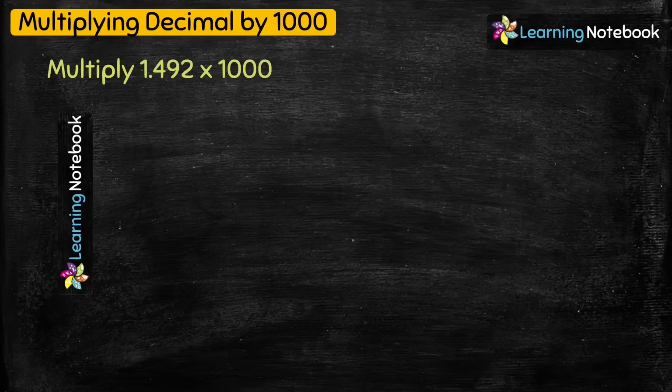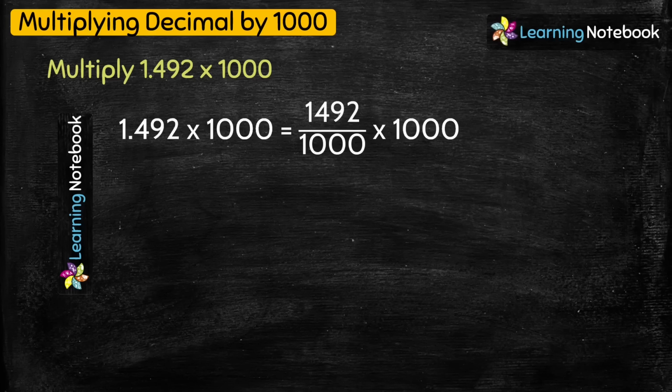Question is, multiply 1.492 by 1000. So first let's convert this decimal number into fraction. And since there are 3 decimal places, the fraction will be 1492 by 1000.